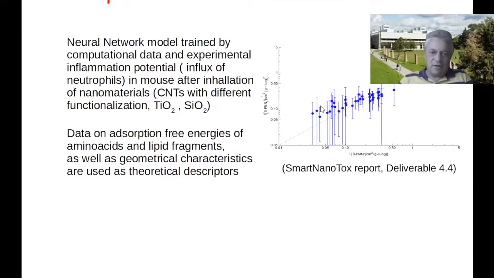There is a clear correlation, so it is possible to build a predictive scheme to predict such toxicity based on results of simulation. The big error bars are essentially explained by the limited number of nanomaterials studied in this training set. So there is hope that as the range of studied nanomaterials increases, the prediction of such a scheme will be better. And this is what we are doing now in the ongoing NanoSolveIT project.